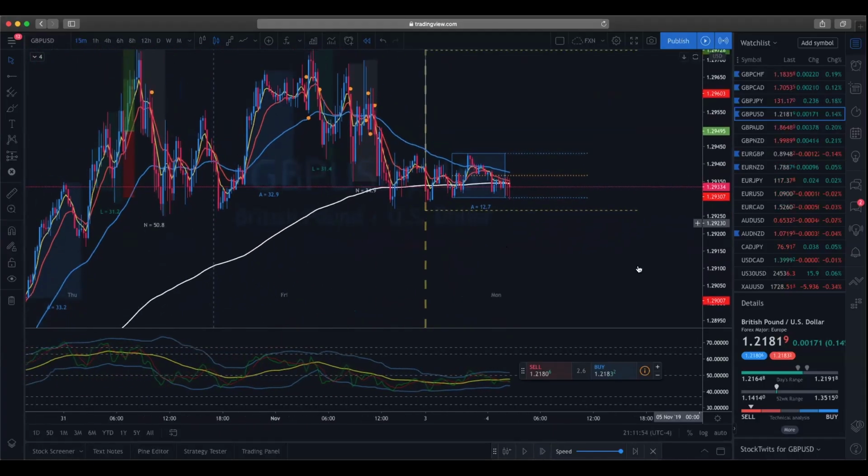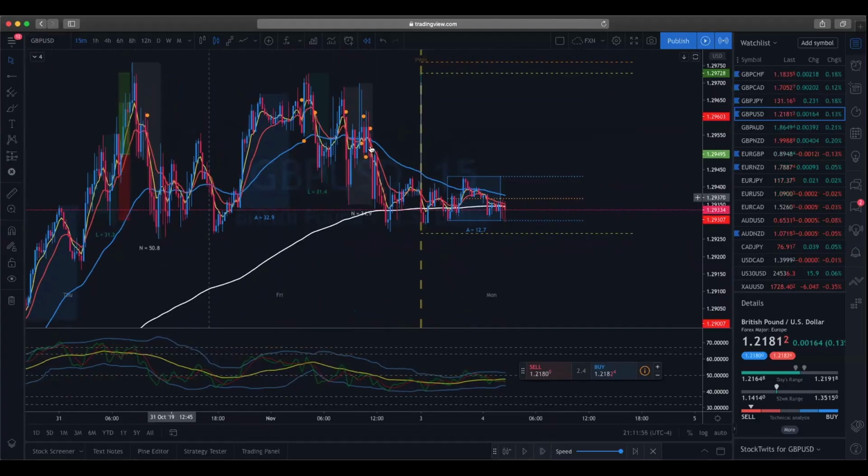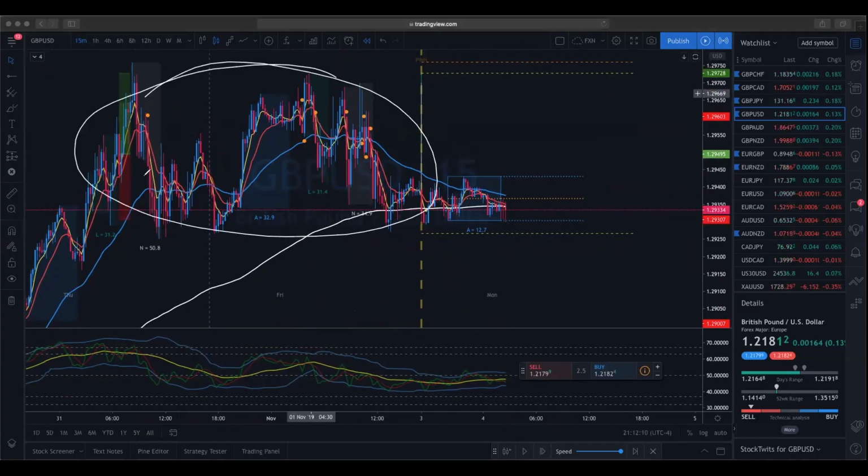Now, if this held, think about this. If this high held and this starts moving sideways like this, what are we getting from this? What's this telling us?